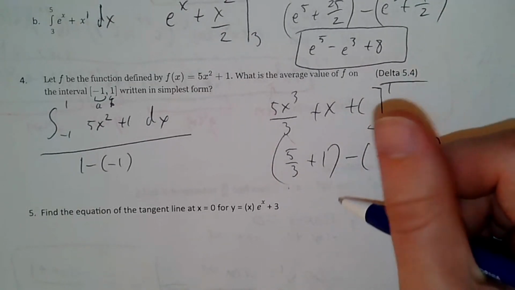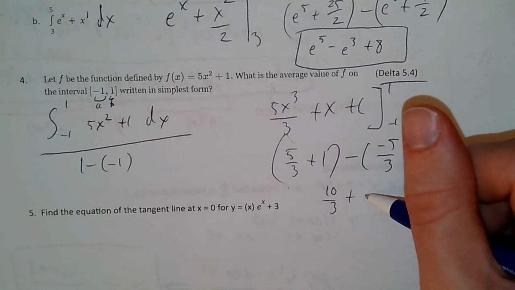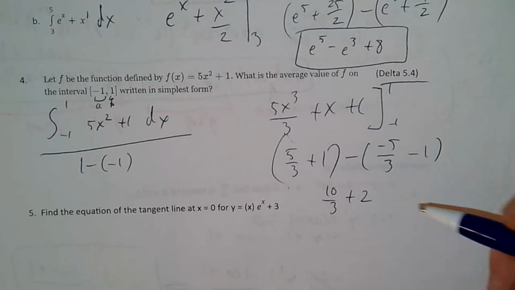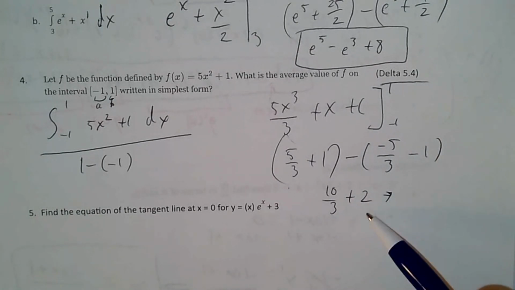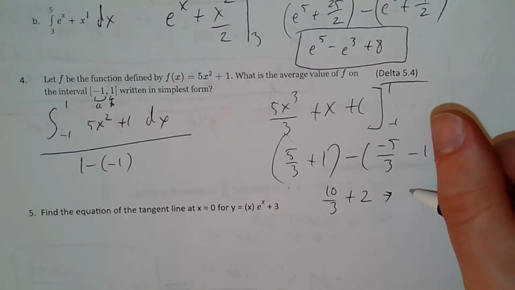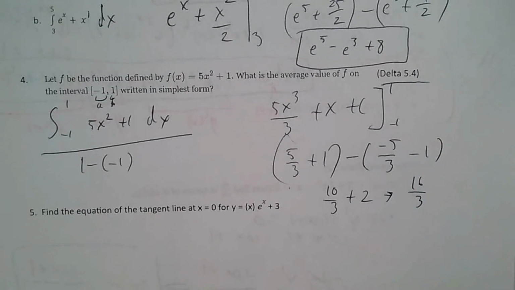So we have 10/3 plus 2. Putting that all together in one fraction, 2 can be written as 6/3. So this is the same as 16/3.